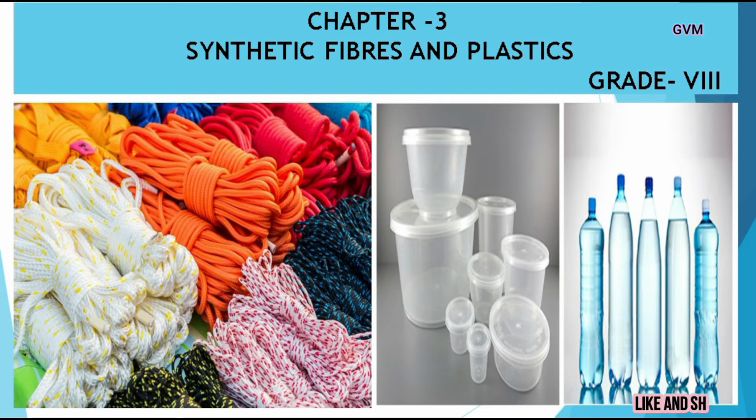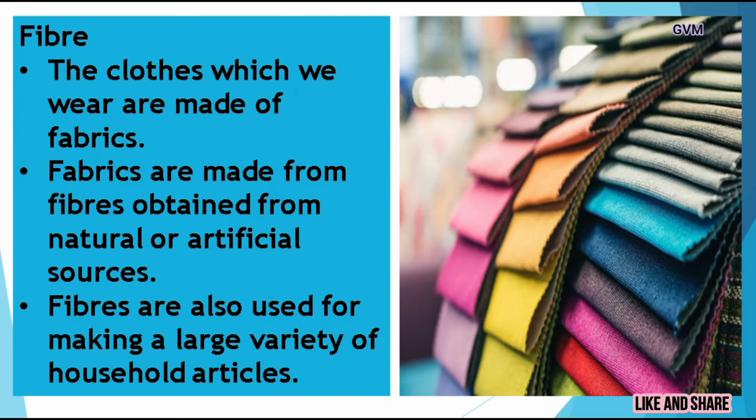So in this chapter we basically learn and discuss the different kinds of natural as well as artificial fibers, meaning synthetic fibers, and we will also discuss their characteristics. So let's start. Now students, as I said, the clothes that we wear are basically made up of fabrics, and generally fabrics are made from different types of fibers, and these fibers are basically obtained from two sources, natural or artificial sources.